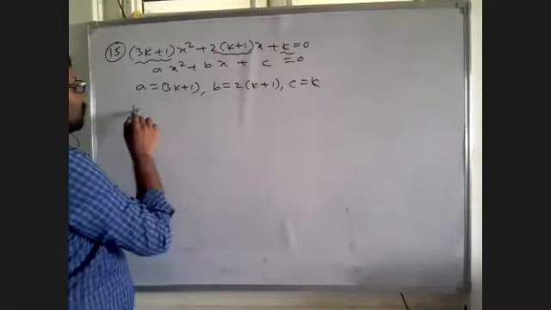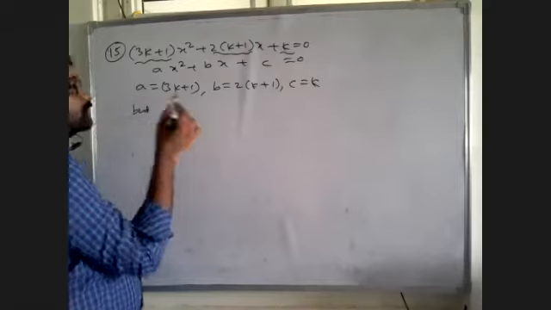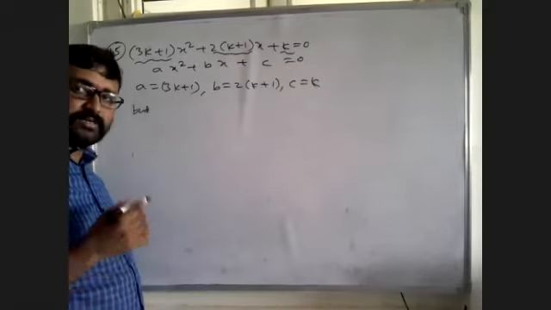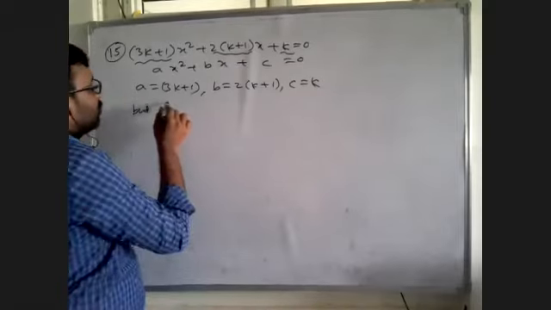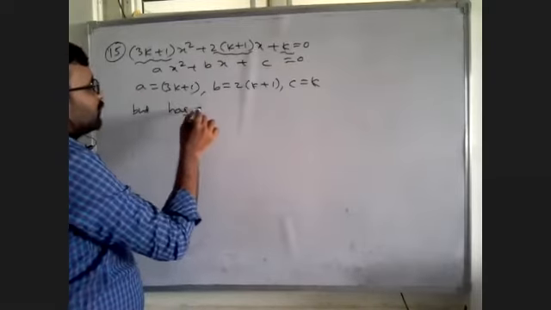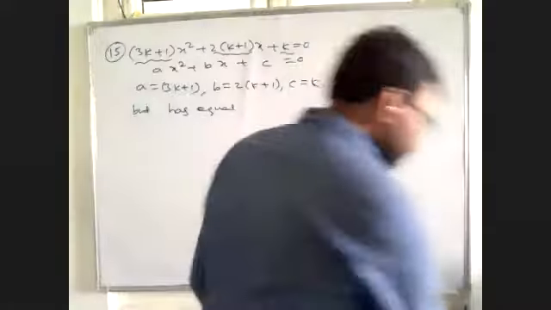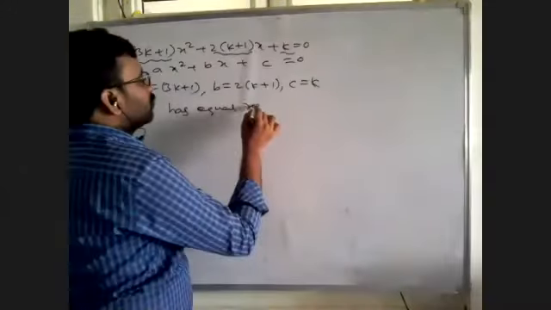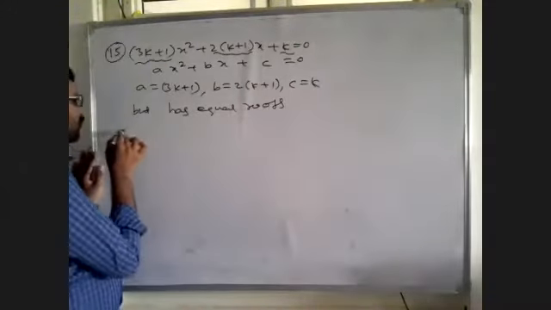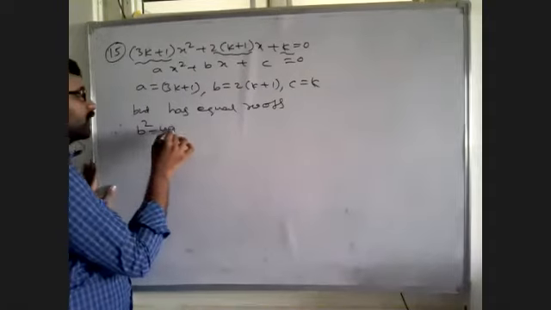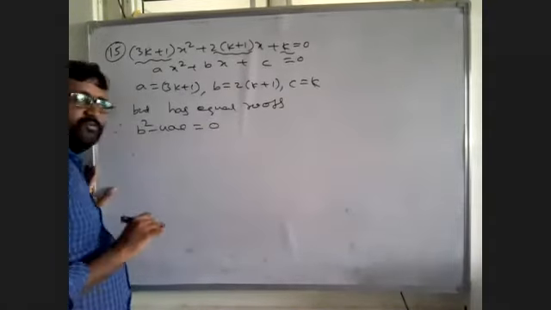But here he is saying this equation has equal roots. Therefore, b square minus 4ac is equal to 0. What is b?